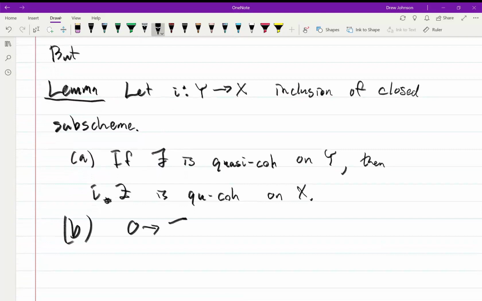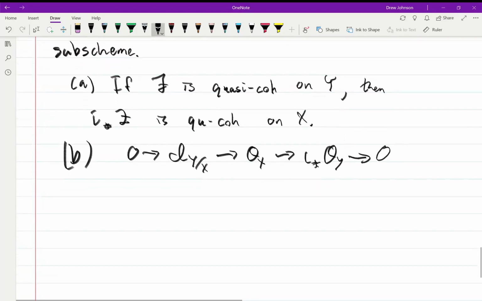So you have this is script I, called the ideal of Y in X, mapping to the structure sheaf, mapping to the pushforward.